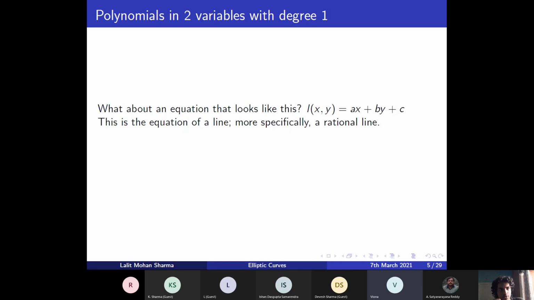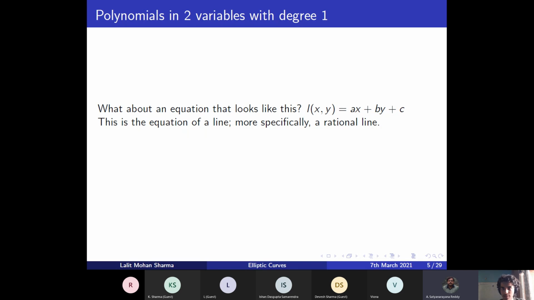And if any one of them is zero, for example if a is zero, you can put y as minus c by b. Yes, that is correct. Since c and b are both rational, y is rational, and x can vary because y is constant. So you would get all the rational points.